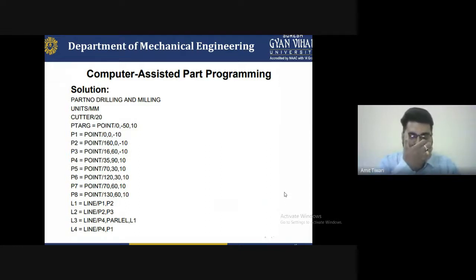P1 point indicates the point /0, 0, x, y, z. P4, that means 35, 90. P5, P6, P7, P8, and the P values come from computer aided drafting or computer aided software programming.